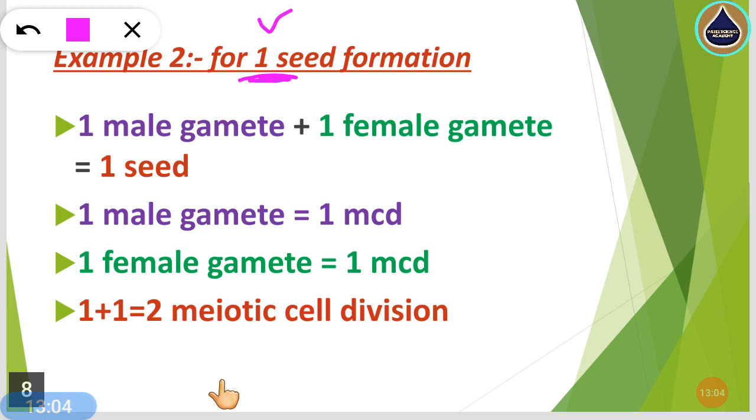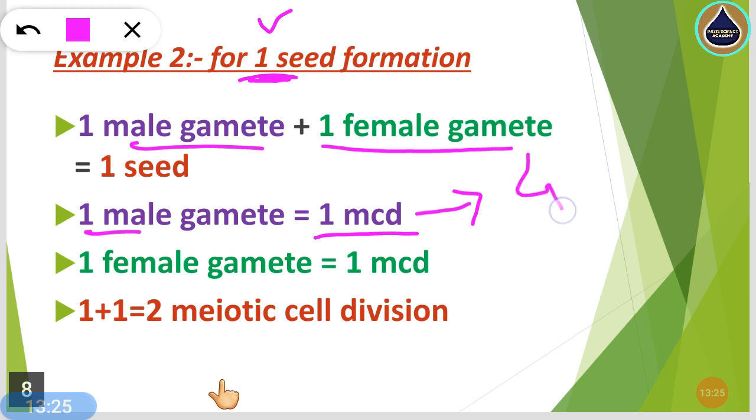There is one seed. For the one seed, one male gamete is needed and one female gamete is needed. Now we'll go for the male and female gamete formation by meiotic cell division. As you know, actually by one meiotic cell division, four male gametes are formed.